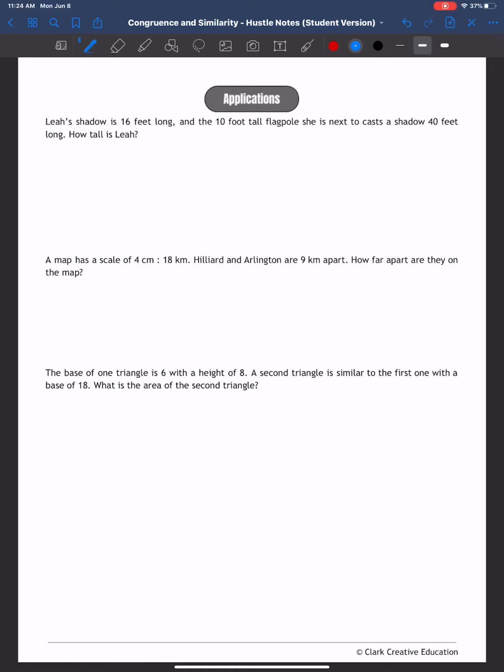So think about it. Start with the first information. We need to know the shadow is 16 feet long, the 10-foot pole casts a 40-foot shadow. So that means the information we do not have yet is Leah's height, right? So x over her 16-foot long shadow, because we know her shadow is 16 feet long, equals the 10-foot over the 40 foot.